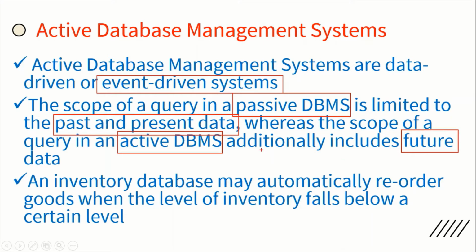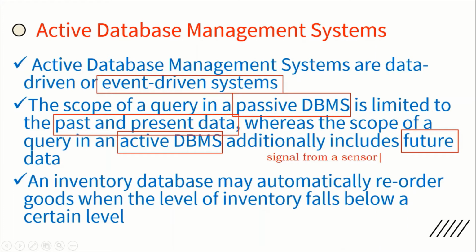It is doing some analysis work and it is predicting something, right? An example is an inventory database that may automatically reorder goods when the level of inventory falls below a certain level. What does it mean? In an active DBMS, what happens is event-driven systems, meaning it responds to an instruction or a signal from a sensor, an external input.